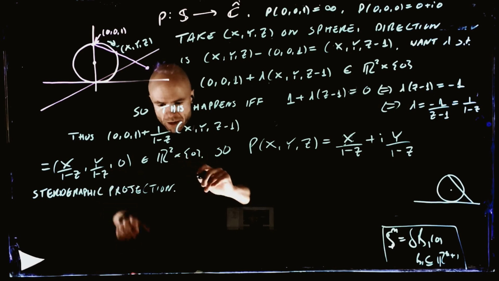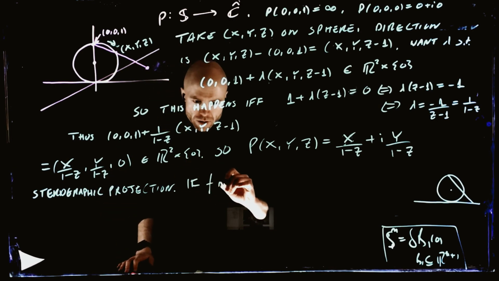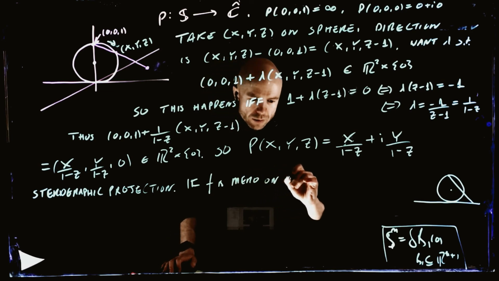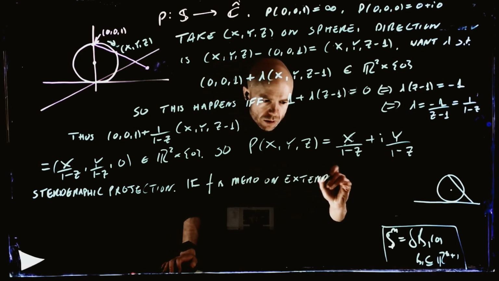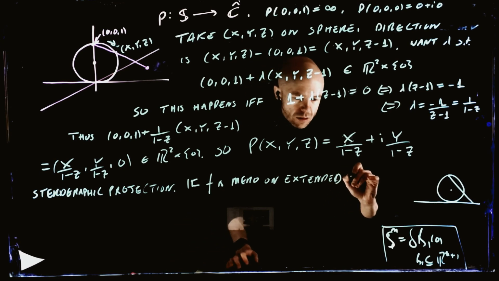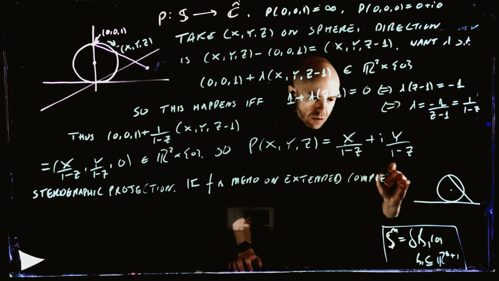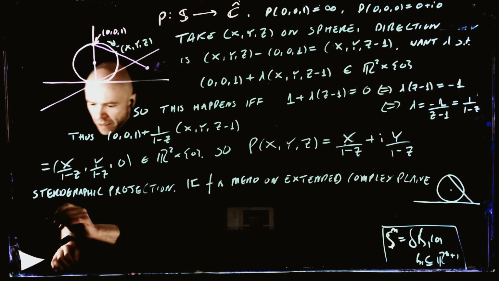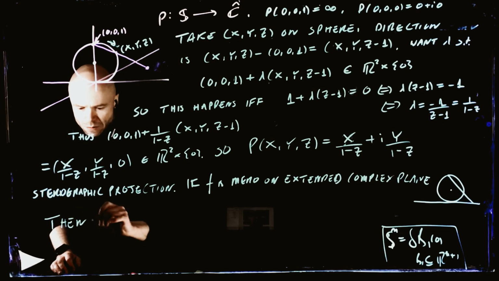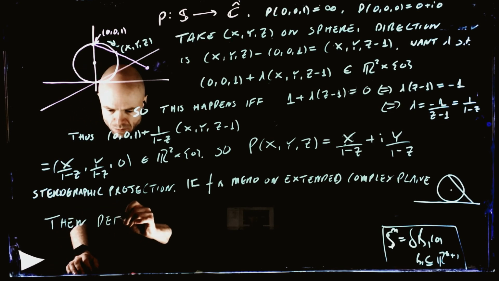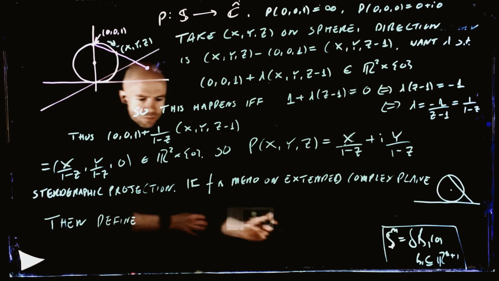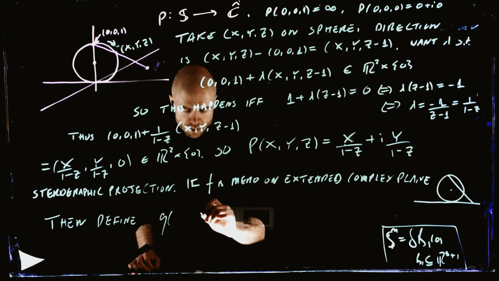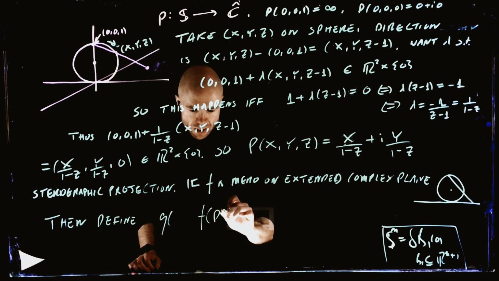So if we have F, which is meromorphic on the extended complex plane, then you could define, let's call it G, and let's take F. Let's project a point.